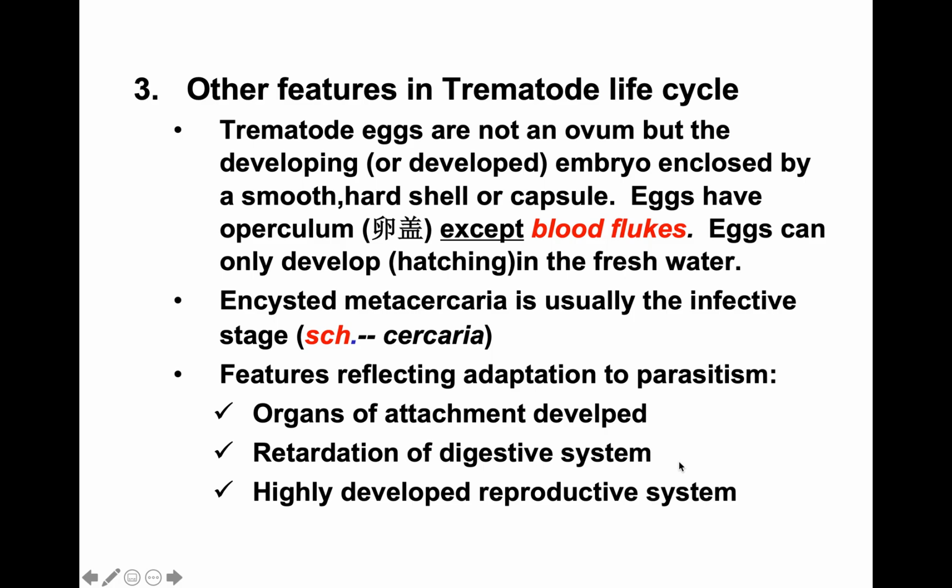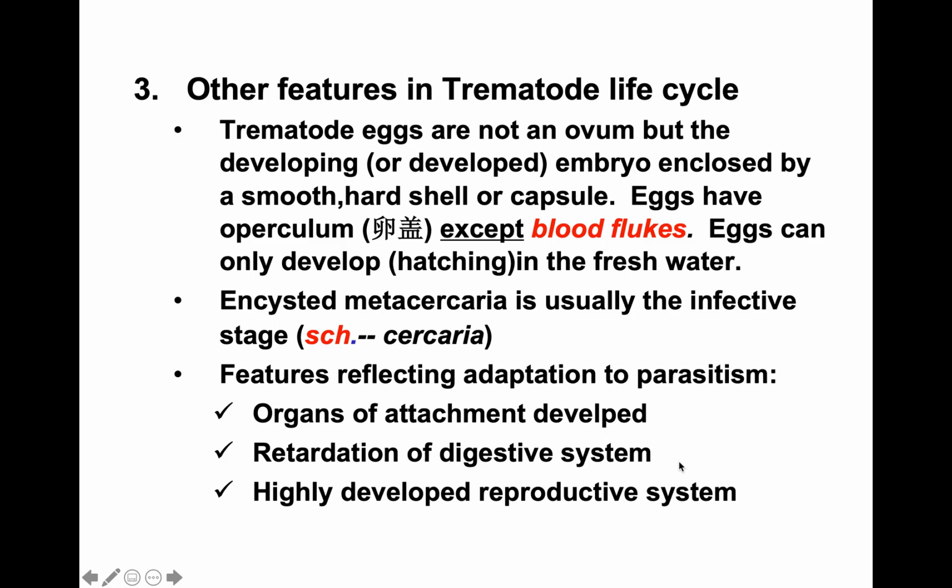for all the flukes, the eggs have an operculum. So there's a cap, except for blood flukes. Blood flukes are distinguished from other flukes, as we are going to learn.